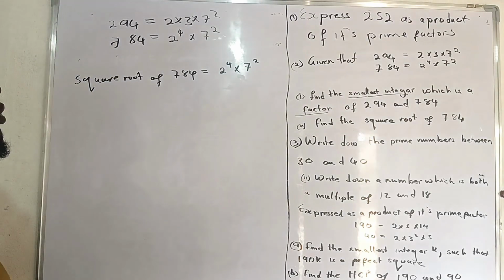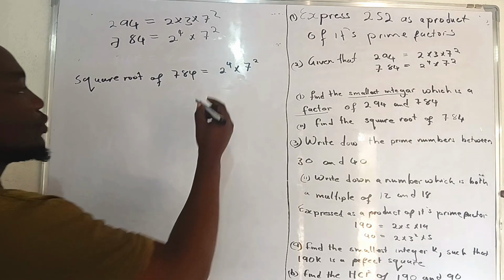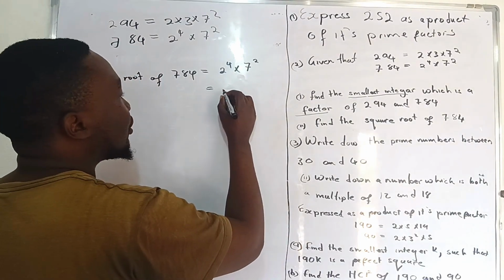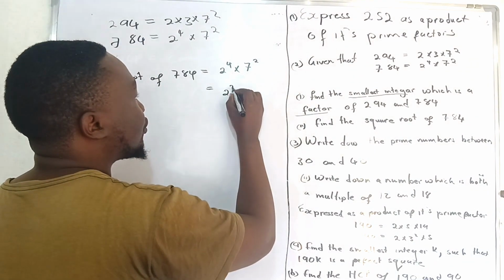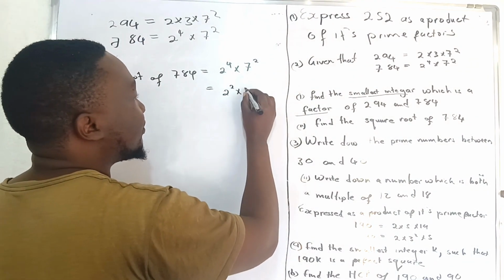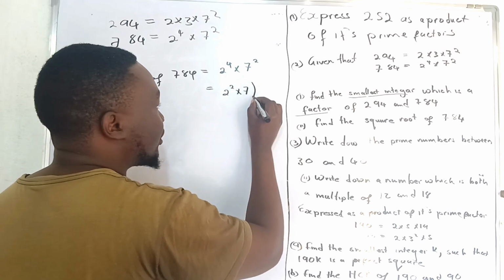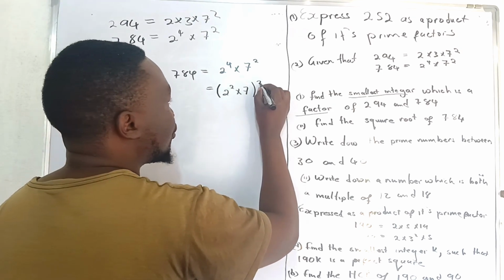I want you to look closely at this one. What we can do is say 2 to the power 2 multiplied by 7, you put a bracket here to the power 2.